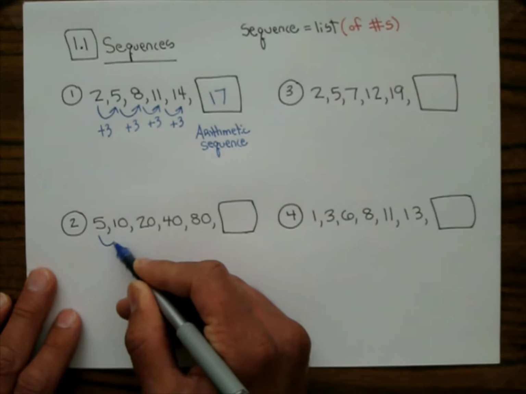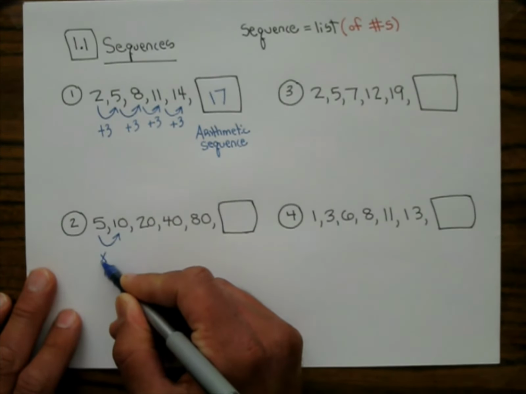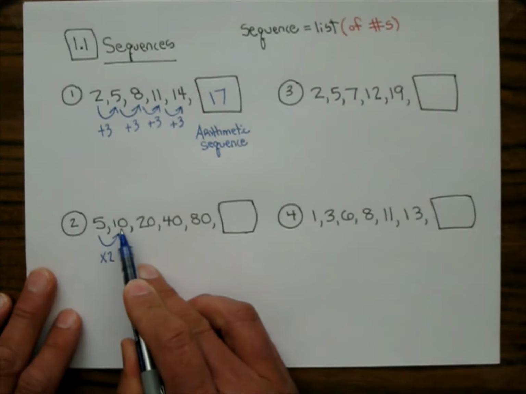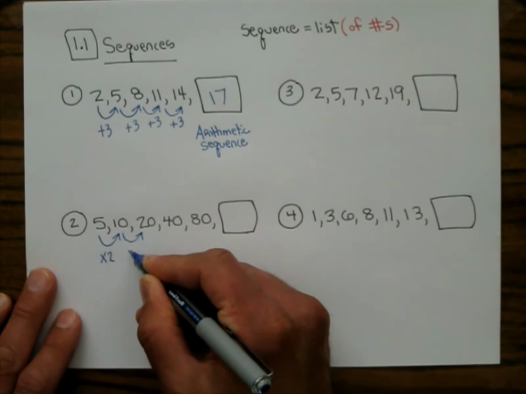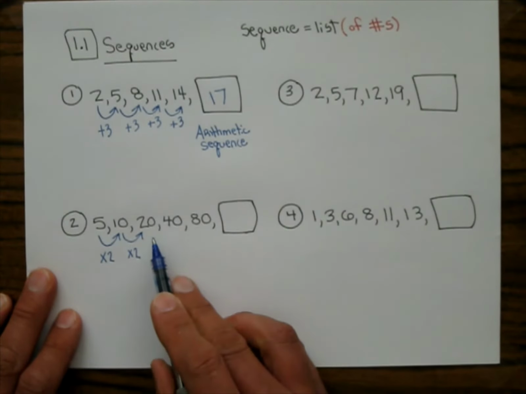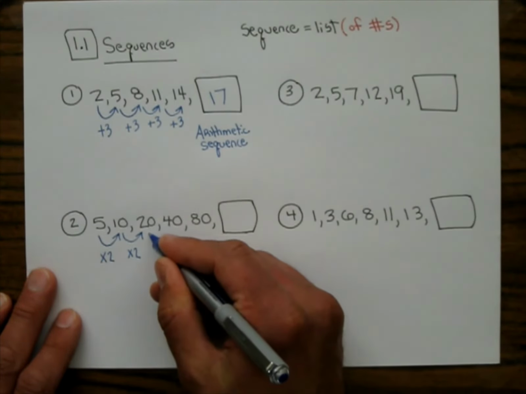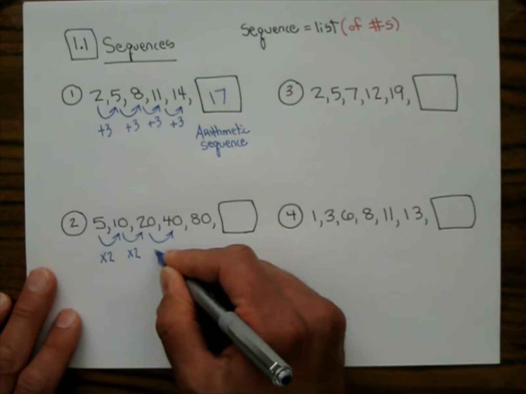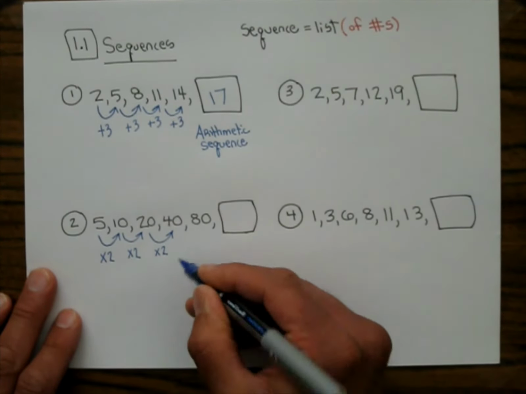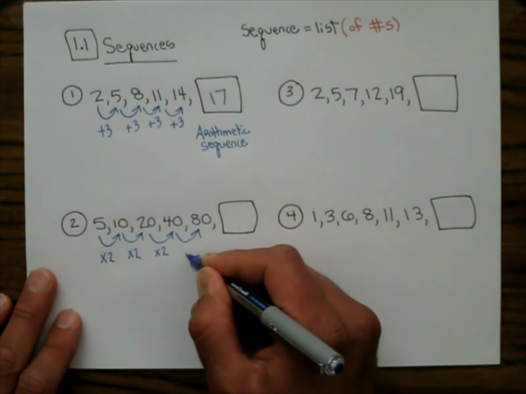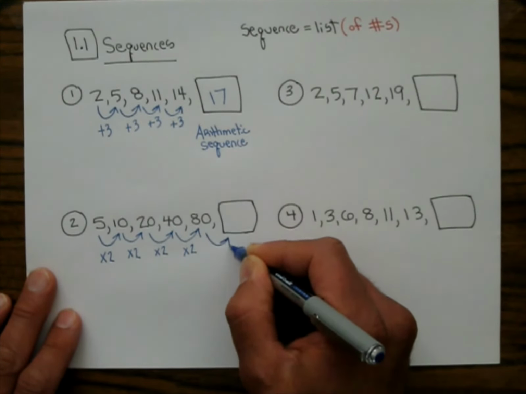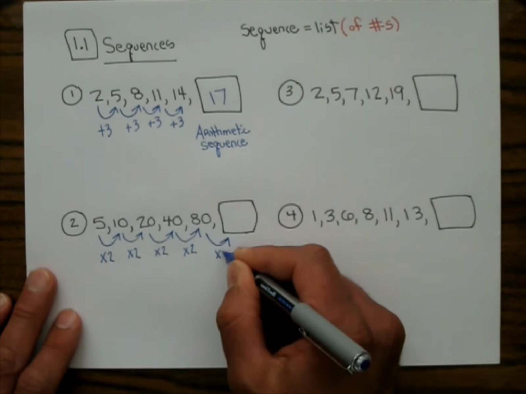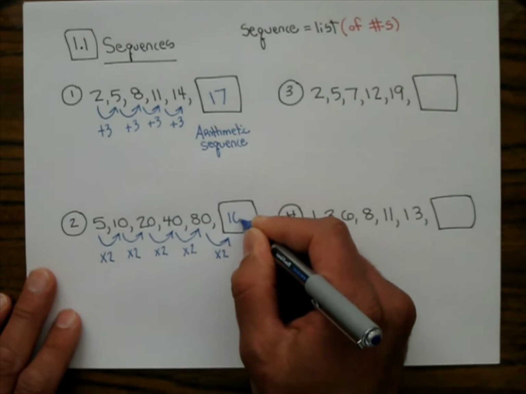Another way of saying doubling is multiplying by 2. If you multiply 10 by 2, you get 20. 20 times 2 is 40, so this looks like a definite pattern. 40 times 2 is 80. 80 times 2 is 160.